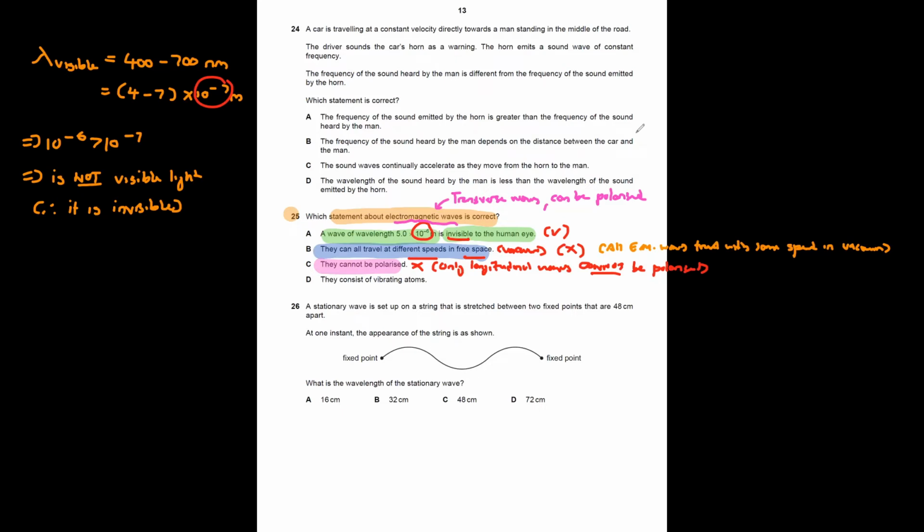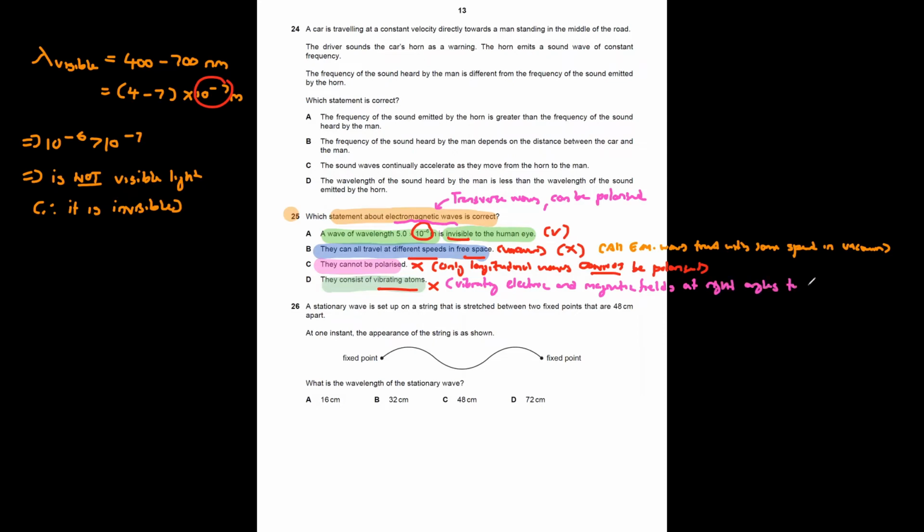Okay, then you look at the last answer choice D. They say that EM waves consist of vibrating atoms. This one is obviously going to be wrong. In actual fact, EM waves consist of vibrating electric and magnetic fields at right angles to each other.